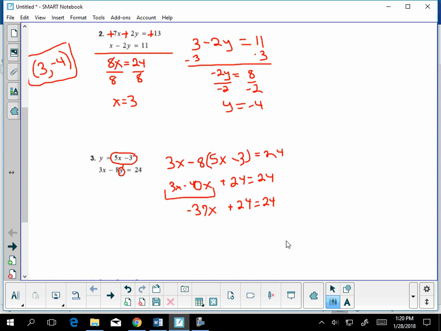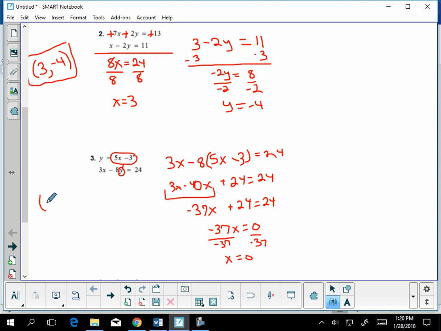I'm going to minus 24 on both sides, and I'm going to do this one mentally, because I know 24 minus 24 is 0, 24 minus 24 is 0. So negative 37x equals 0. Divide both sides by negative 37. And I get x equals 0.